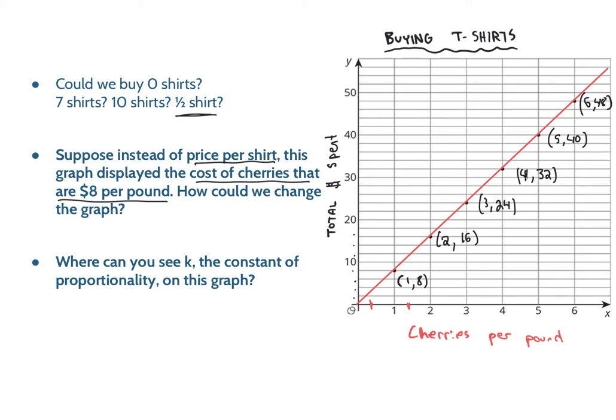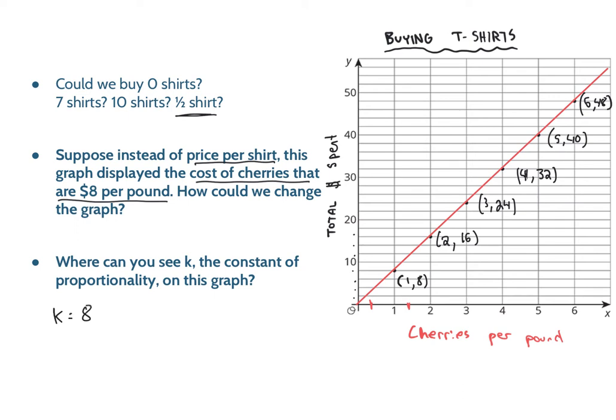The next thing we are being asked is, where can you see K, the constant of proportionality, on this graph? So if you remember, our K that we came up with on our table is 8.